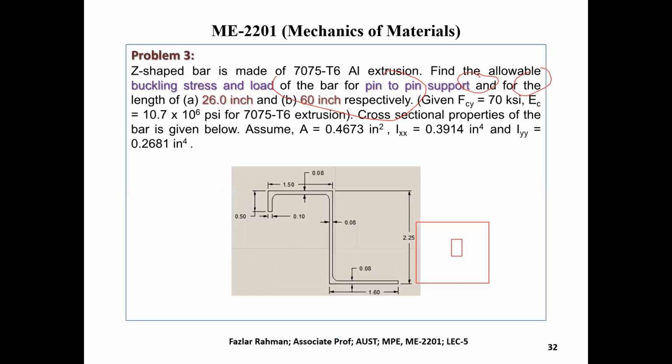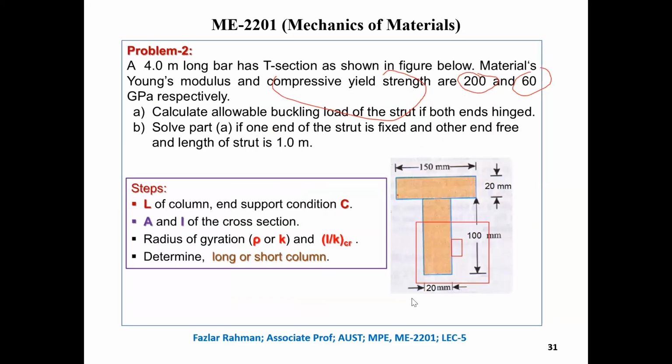But if I give you a compressive Young's modulus this much and a tensile Young's modulus this much, and then say tensile yield strength 260 and compressive yield strength 100, then since you are working with a column, you need to use the compressive property.